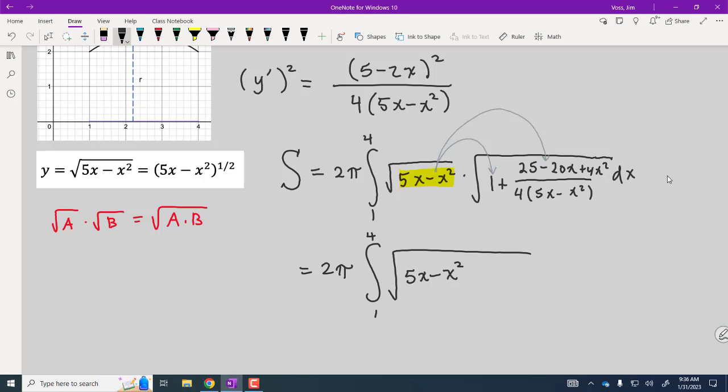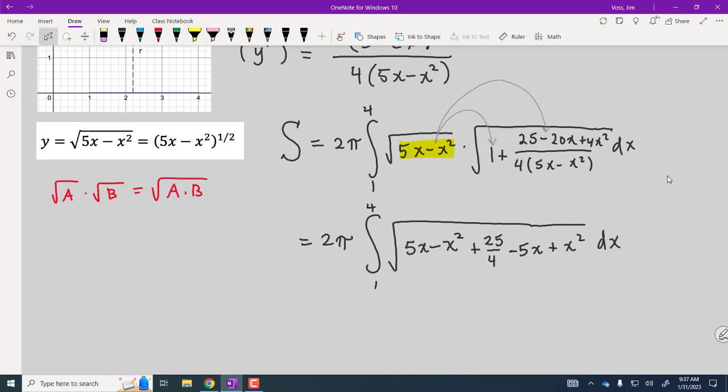And then 5x minus x squared times the second fraction, this will cancel, and we'll be left with the polynomial in the numerator divided by 4. So I'm just going to divide that 4 into the numerator. And we end up with that.